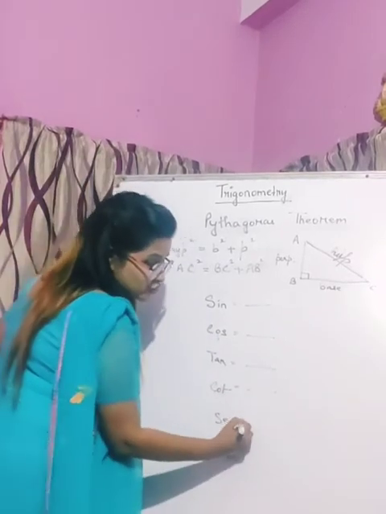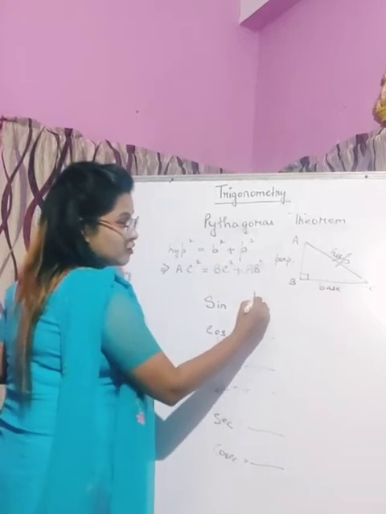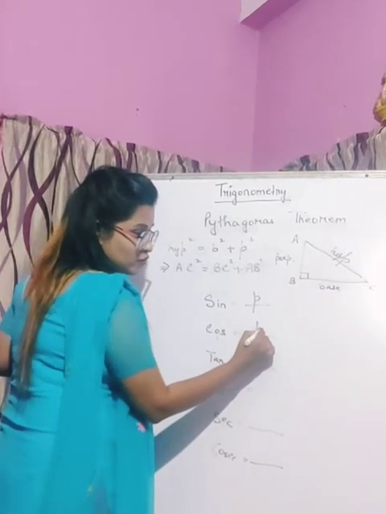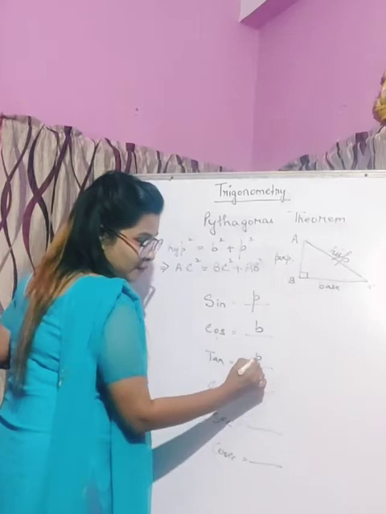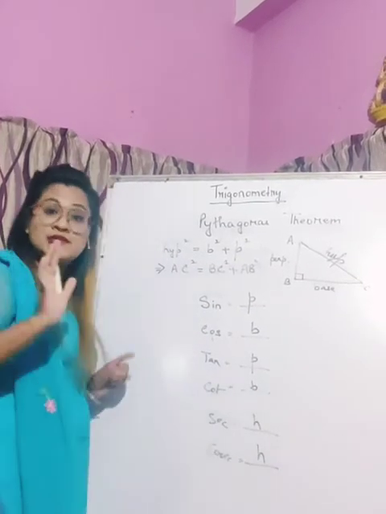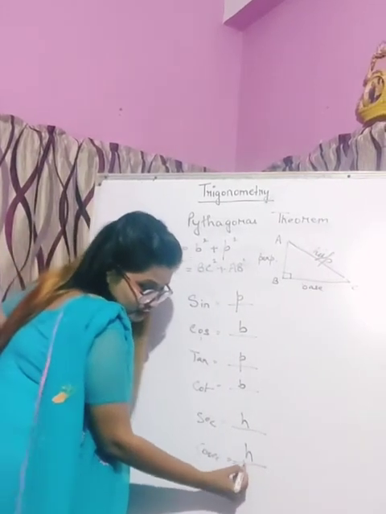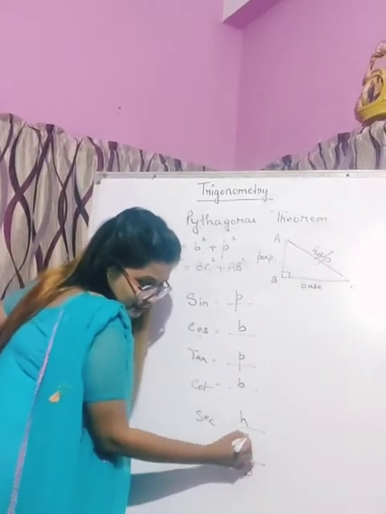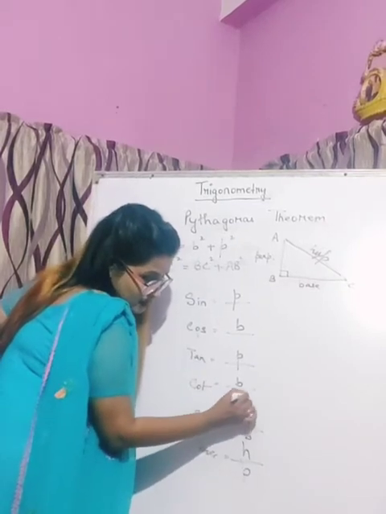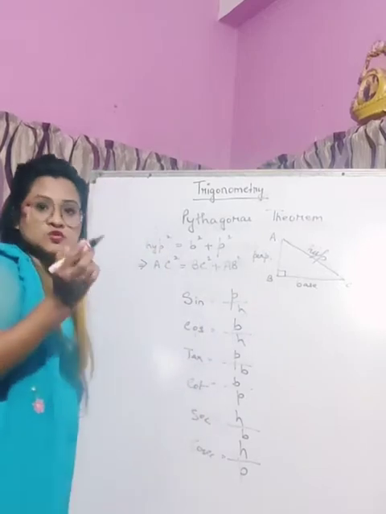So this is the shortcut. We put P, B, P, B, H, H in the numerators, and similarly P, B, P, B, H, H in the denominators. What does it mean?